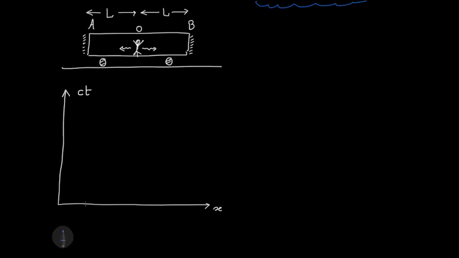Their initial positions are, say, A, O, this distance is L, and B, and this distance is again L. So they always stay at rest, and we know how to draw the world line of such observers. They are lines parallel to the y-axis. So these are the world lines of the observers at O, A, and B.